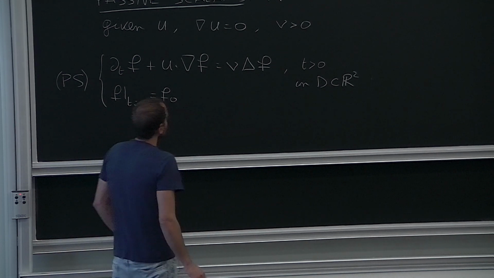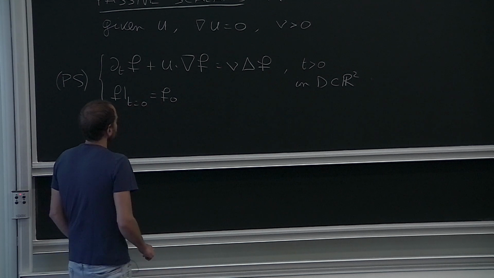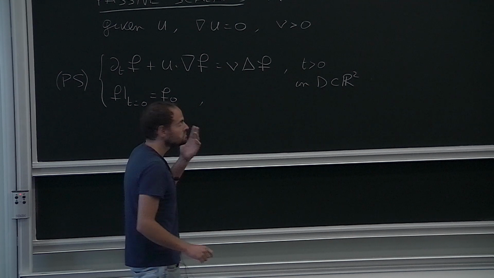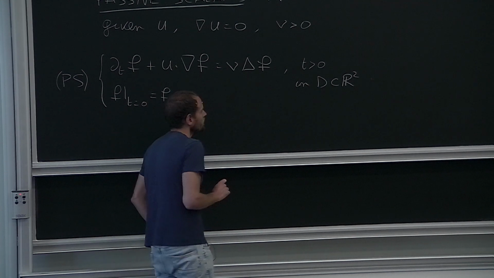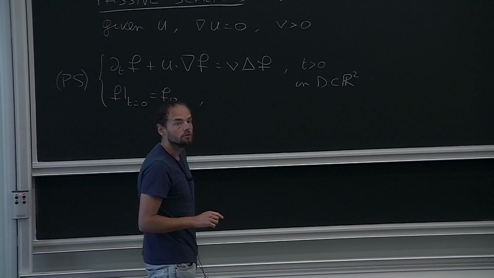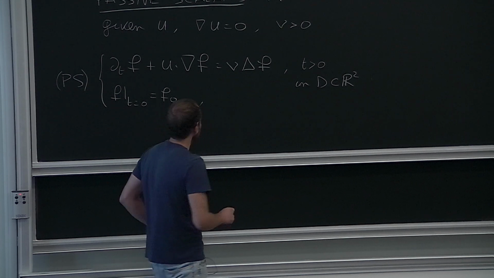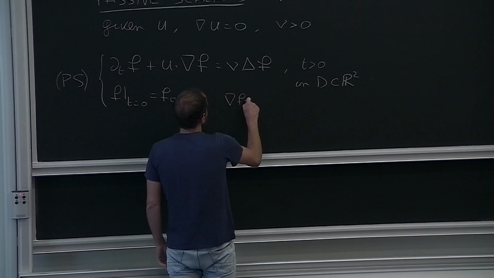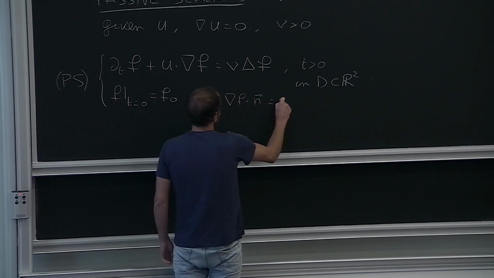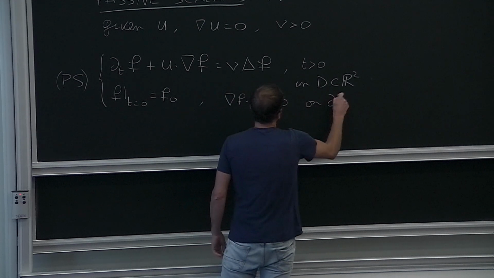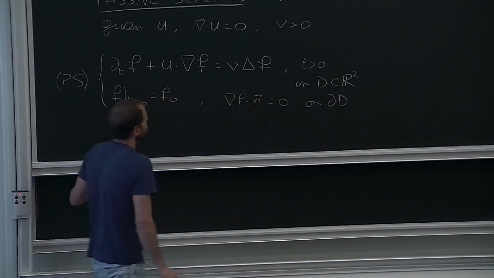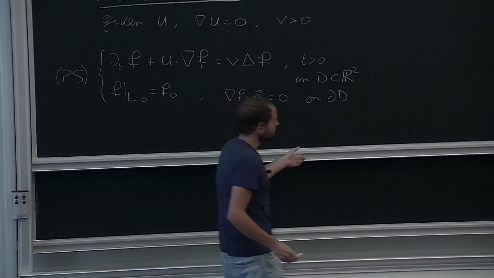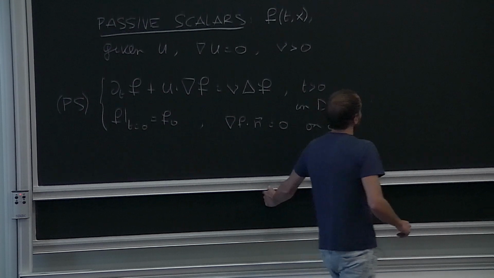And so if the boundary of D is non-empty, then we have to put boundary conditions. So it will be Neumann boundary conditions. These are the no flux through the boundary. So the gradient of f dot the normal vector to the boundary is 0.